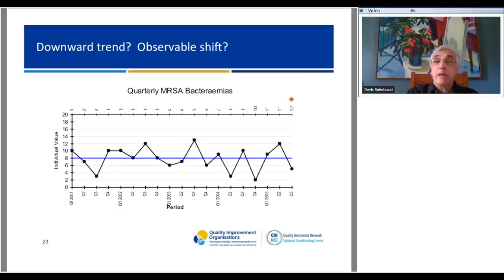It is not. The bad news is you're perfectly designed to have bacteremias. But that's also the good news, as you're going to find as this series of seminars goes on. You don't need a lot of data to solve it. So, no special causes and a lot of work.